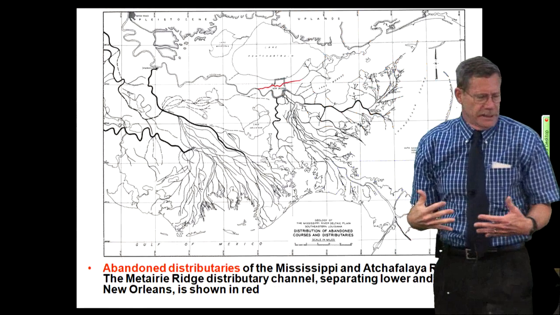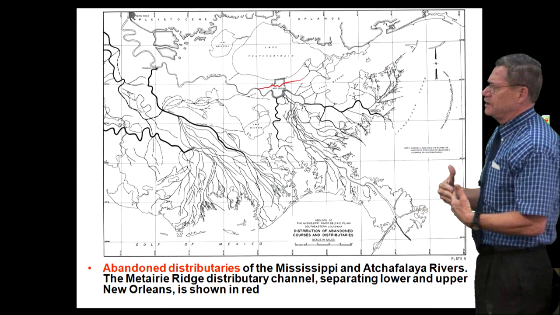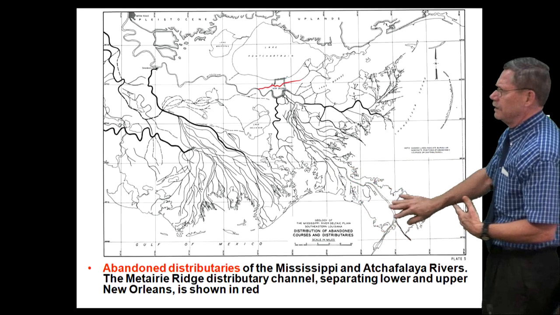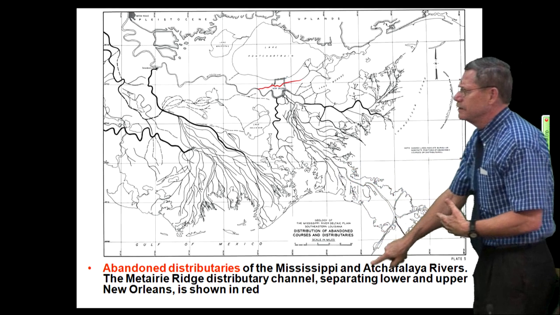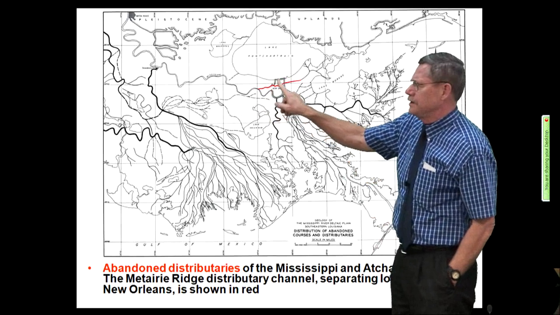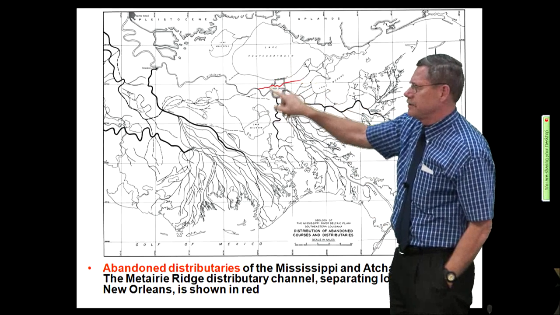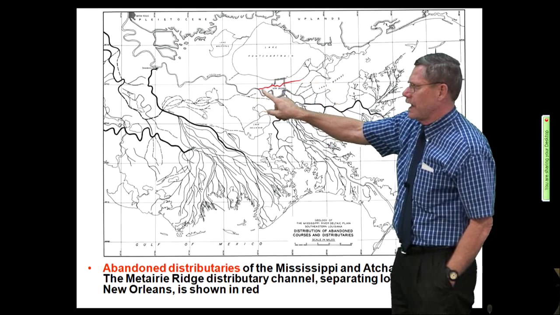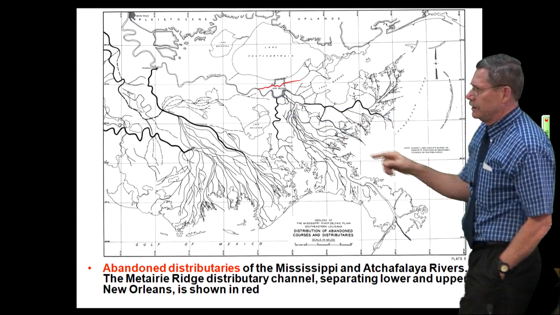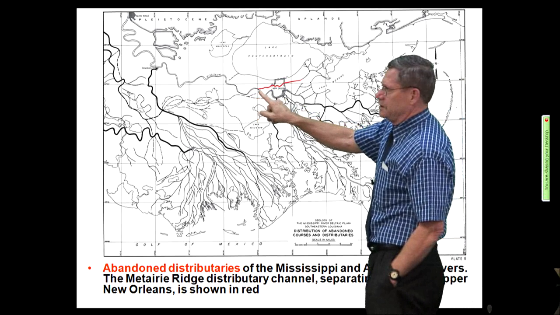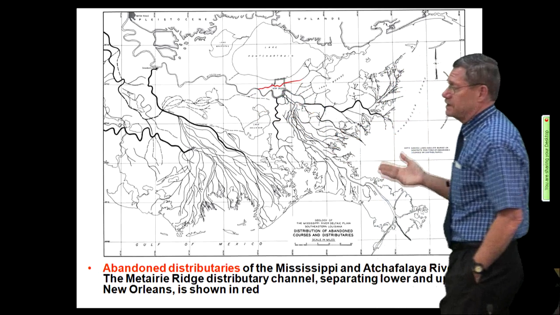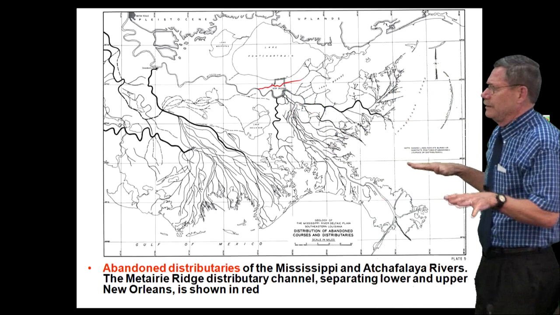Now, if we look at the abandoned distributaries in the Gulf, here's the modern Birdfoot Delta, where Eads put his jetties, starting in the late 1870s. Here is New Orleans, right there between Lake Pontchartrain and the river. And what I have highlighted in red there is the Metairie Gentilly Ridge, which is a very prominent distributary channel. It's about 5-6 feet above the floodplain around it.